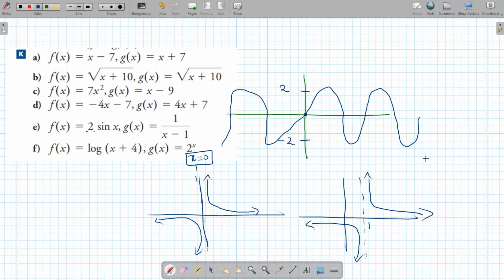Now look at these two sketches. What's the combined domain? The sine is valid everywhere, and the reciprocal function is valid everywhere except for the vertical asymptote. So what's the combined domain? There's only one restriction. Got to think about the LCD, because one of them is x is an element of the reals, so just go with the lowest common domain between them.